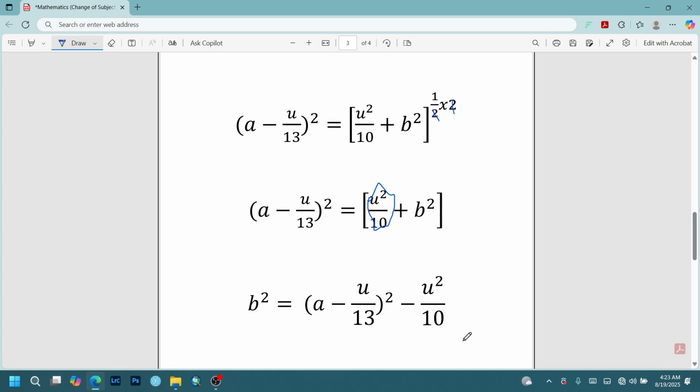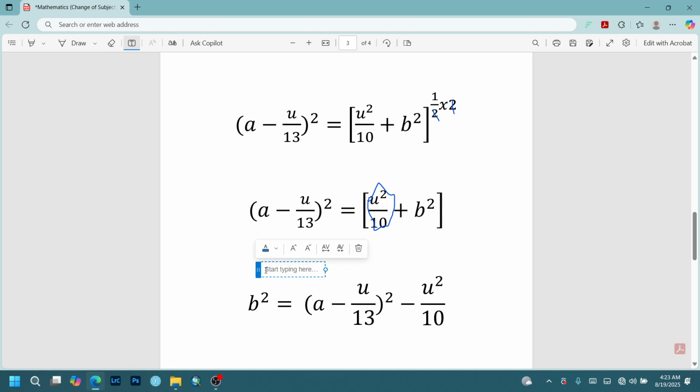So we've been able to make B squared the subject of the relation, but B squared is not B. B squared simply means B multiplying B. A square of a number is a number multiplied by itself. So how do we eliminate the square here?